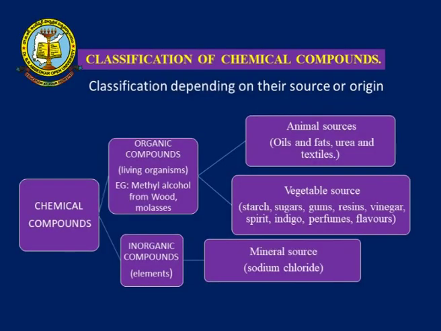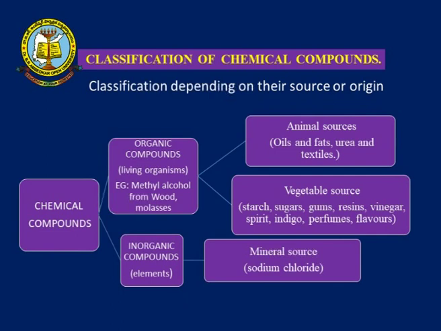Now, let us look into the classification of chemical compounds. Classification depends mainly on the source or the origin of these compounds. Mainly these are divided into two types, organic and inorganic. Inorganic, you and I know very well, are from mineral sources and are obtained from the elements.